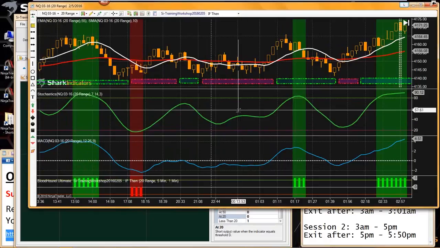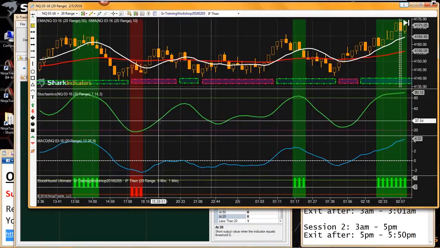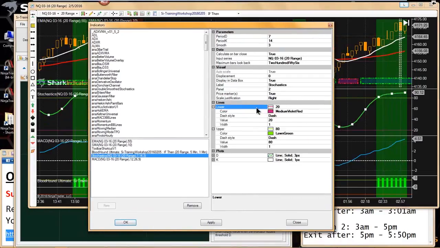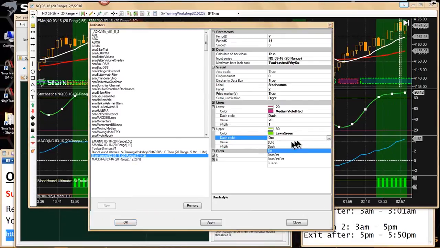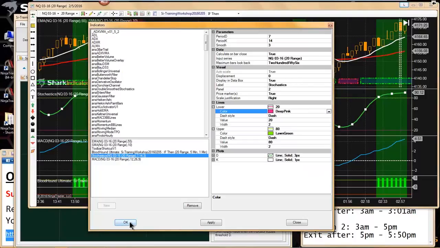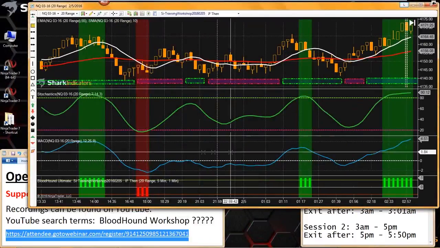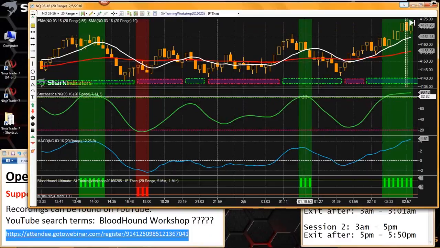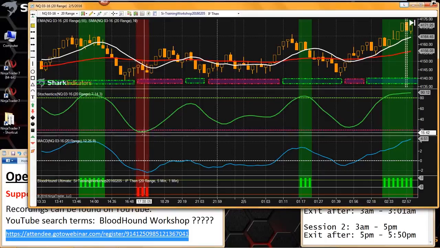All right, so here we go. Some very simple signals for this stochastics. I'm just going to make the lines a little brighter. There we go. So we can easily see when the stochastics is overbought or oversold.